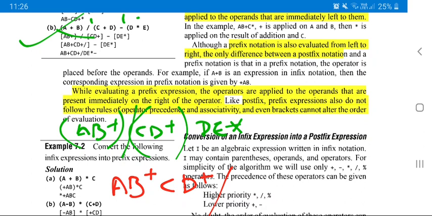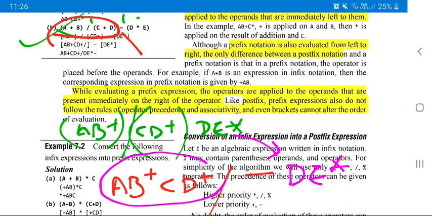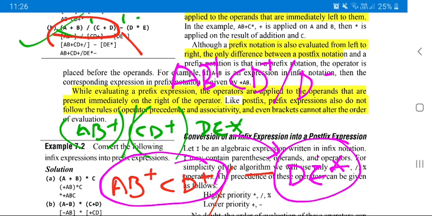After that, this much is over. Next is minus, with this part DE star. So this is the first operand, division is there, and this is the other one. So how to write it? AB plus CD plus divide, then this part DE star, then minus. This is the way you get the postfix expression.